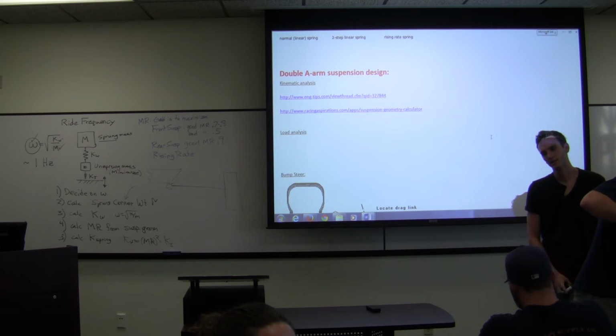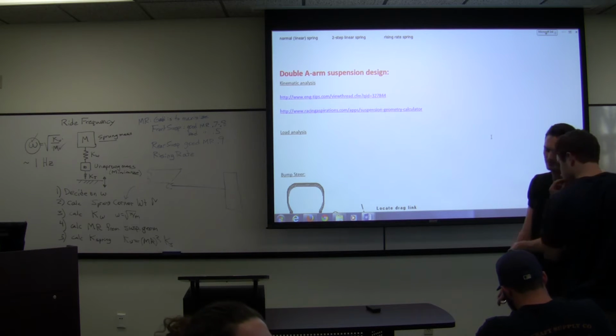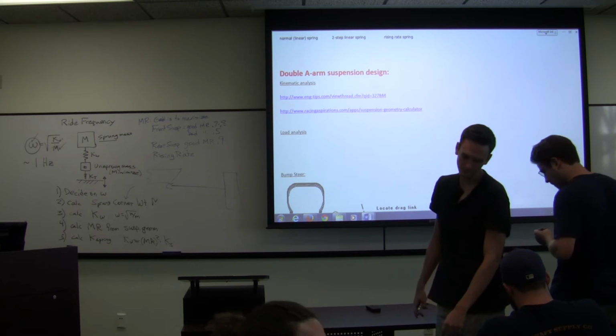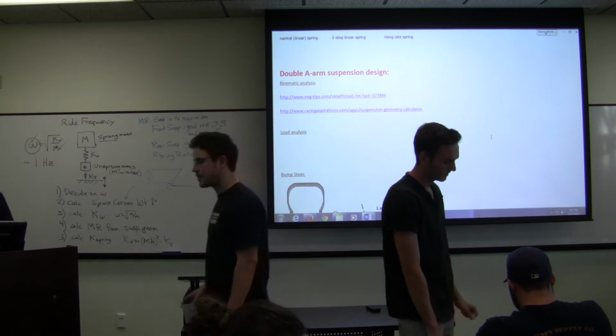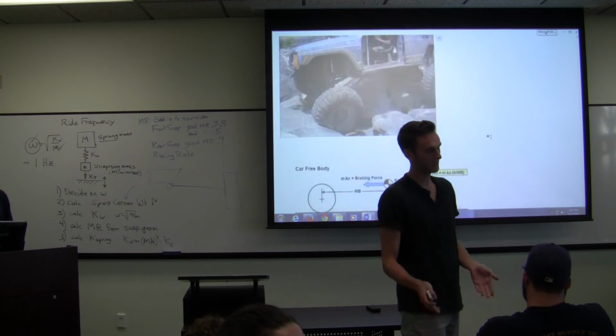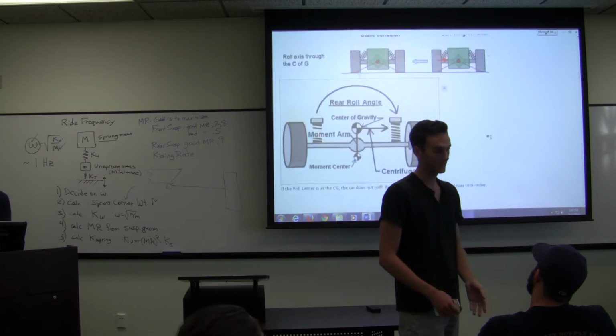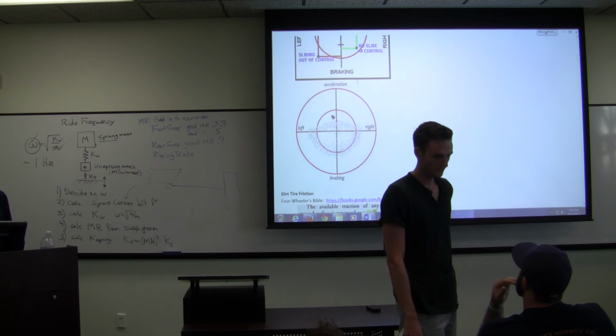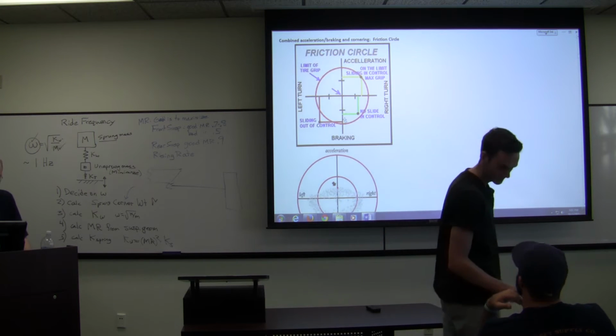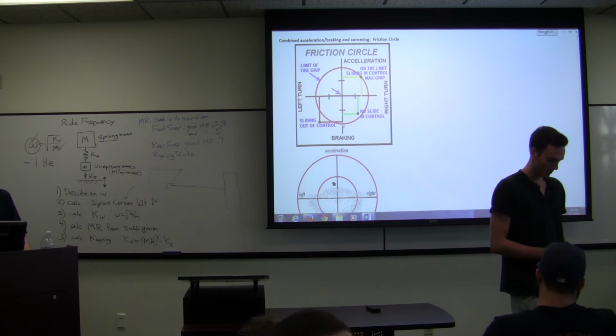Okay, well, what we're fighting is the idea of the friction circle. Remember the friction circle? If you're braking, then you're using some of your tractive force for braking, and that means you have less available to you. Here's braking. Here's braking in the corner.